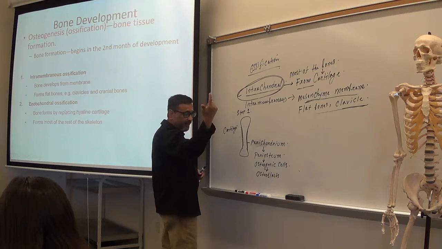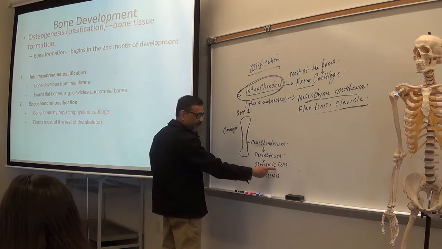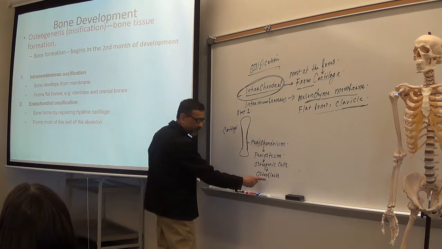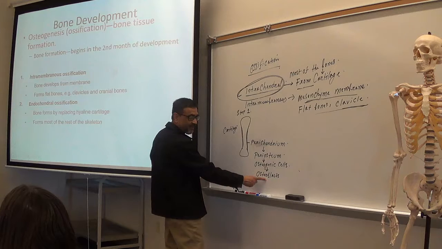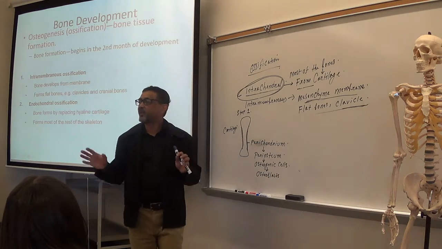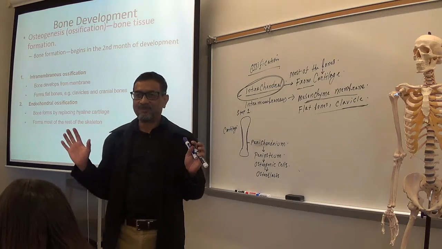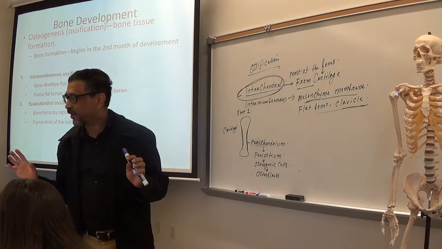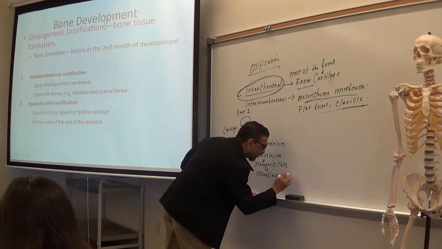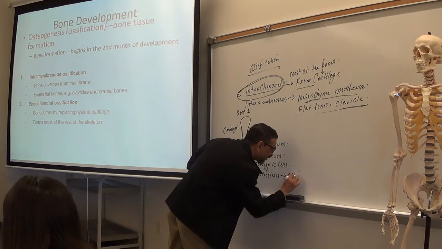In the osteogenic layer, you have the osteogenic cells. These are the stem cells, and these stem cells produce osteoblasts, young bone cells. Make sense? And osteoblasts produce what? You already know. Matrix, right? Osteoid. So osteoblasts produce matrix, osteoid.